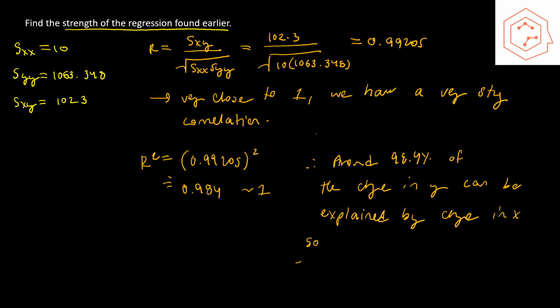So the correlation, or our model, between x and y is very strong. Since only about 1.6% of the variation in y is random or due to external factors. So our final conclusion is that the correlation between x and y in the previous question is very strong.